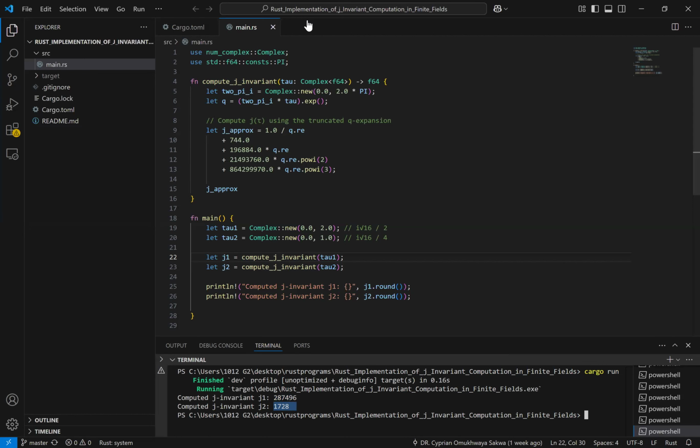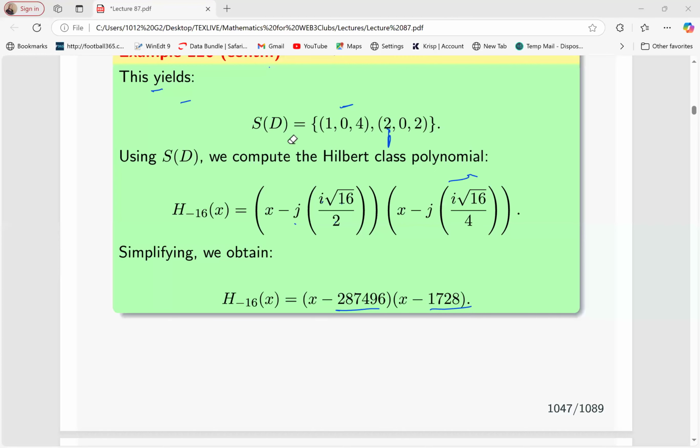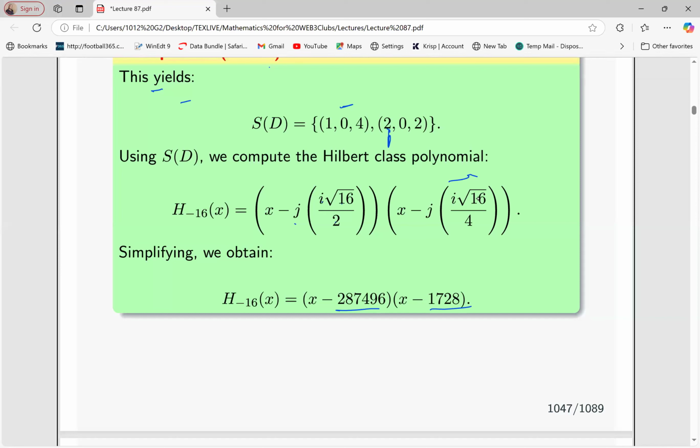Those are the 2 j invariants. So those are the ones I now include in my calculations. So we got 17, 28 as one of them, and the other one we got 28, 74, 96.